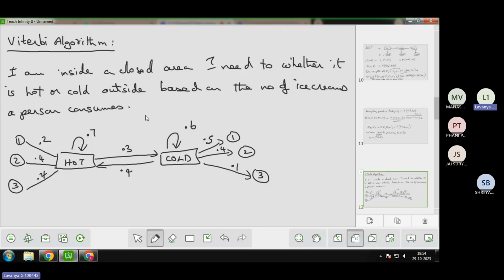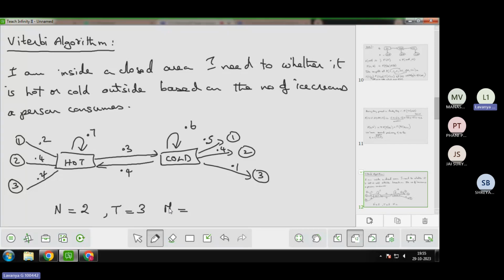Right? So how are we going to talk about this model? When we want to talk about this model, we have the observable states. We have to consider how many states we have. Now, in this particular case, we will calculate our M. N denotes our hidden states, the value is 2, hot and cold. T, which is seen explicitly, that is 1, 2, 3 ice creams, so the value is 3.